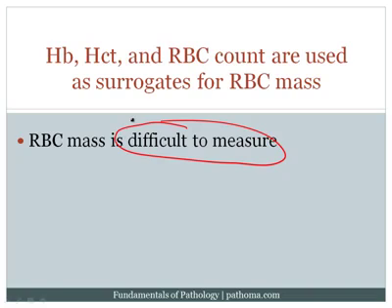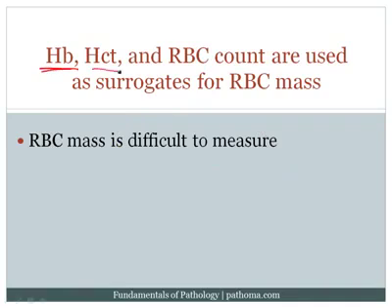So instead of measuring red blood cell mass, we use some surrogate markers. And these surrogate markers help us to determine or make an effort to determine exactly what the patient's red blood cell mass might be. The three key laboratory studies that are used are hemoglobin, hematocrit, and the red blood cell count.